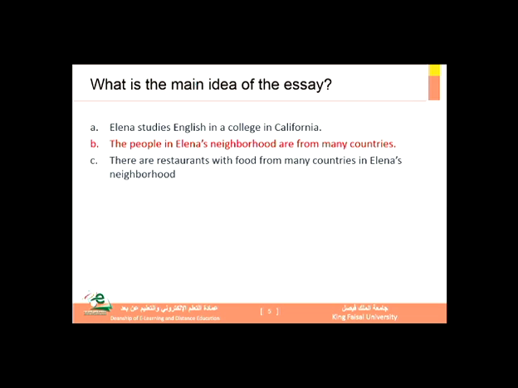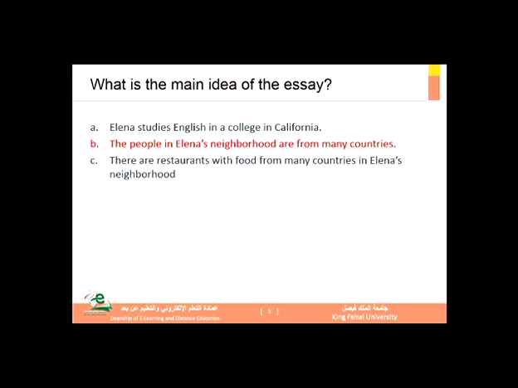The main idea of this article: we have 3 options. Elena studies English in a college in California, or the people in Elena's neighborhood are from many countries, or there are restaurants with food from many countries in Elena's neighborhood.